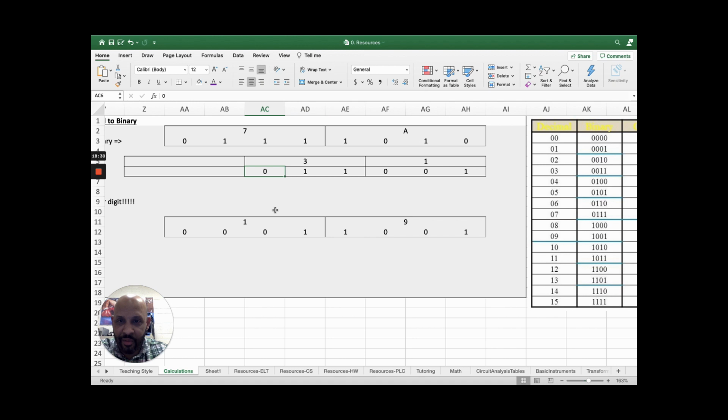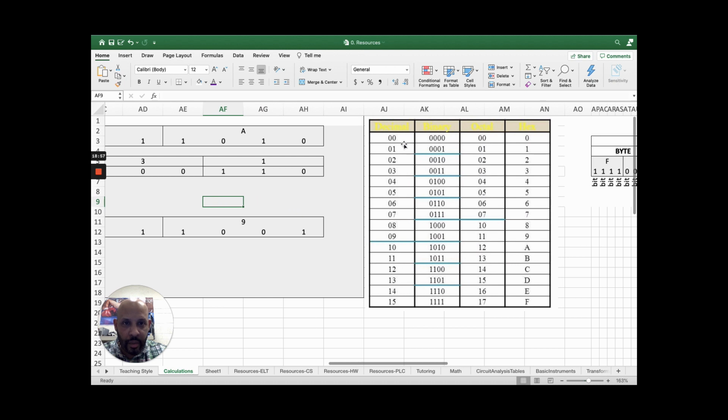Let's say that I have 1, 0, 0, 1, 1, 0. I just chose these numbers that you see at the bottom. This number right here is your binary number. What you want to do is start from the right, the first 3, 110. Let's find it here.